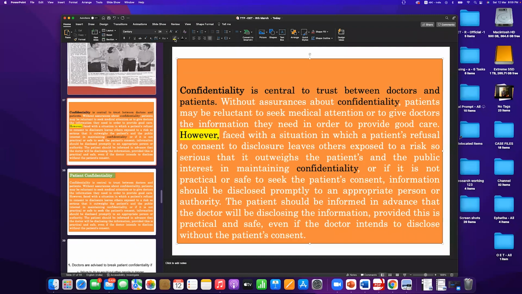So as per this, when can a doctor disclose the patient's private information? If the information is not disclosed, it can affect others, leaves others exposed to a risk. Yeah, that's correct, right?